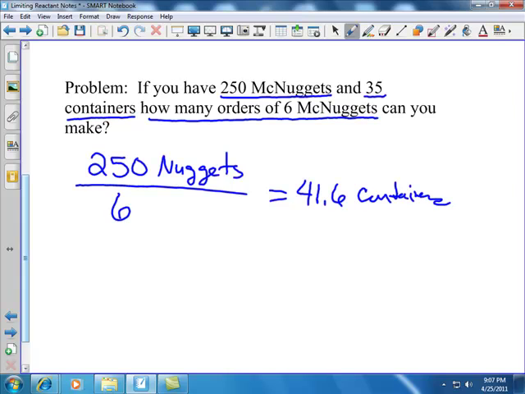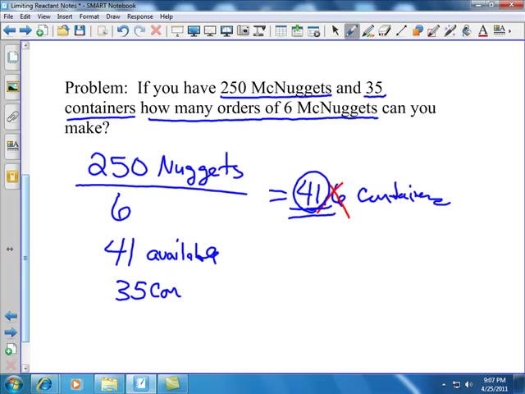Now, this is a case where I can't make 0.6 of a container, so we're not going to worry about the 0.6. I can make 41 containers. So I have enough McNuggets for 41 containers. Okay? So I have 41 available. But I only have 35 containers to use.